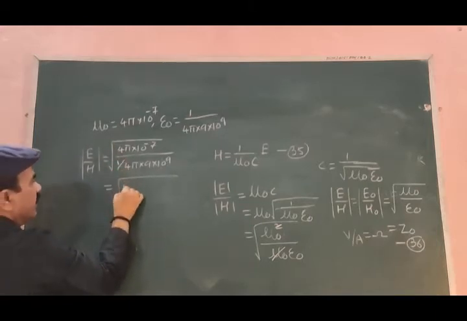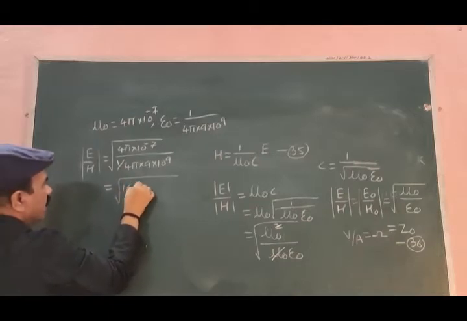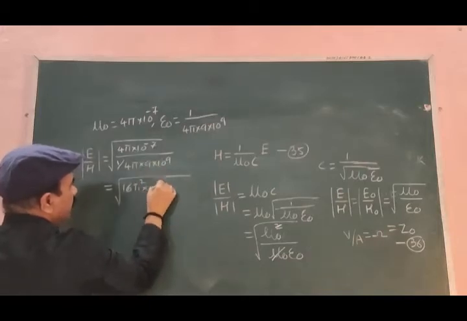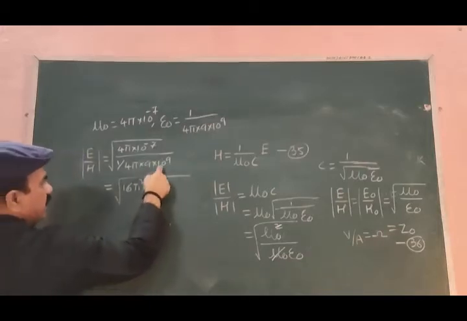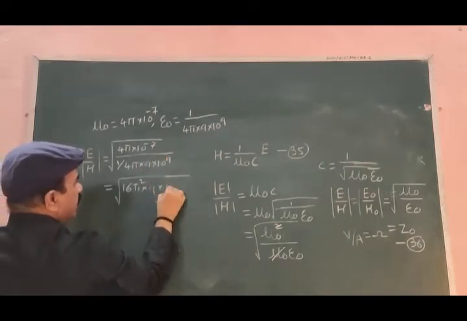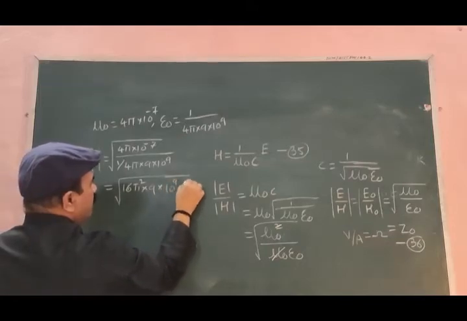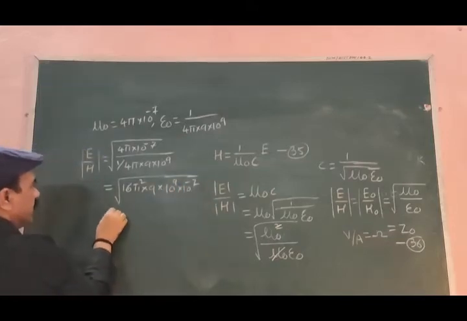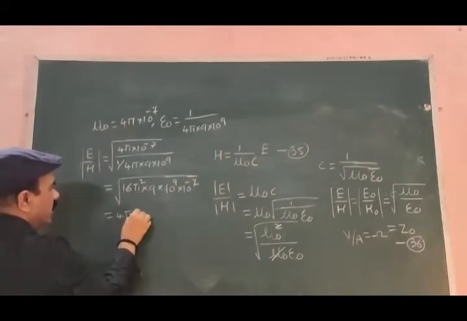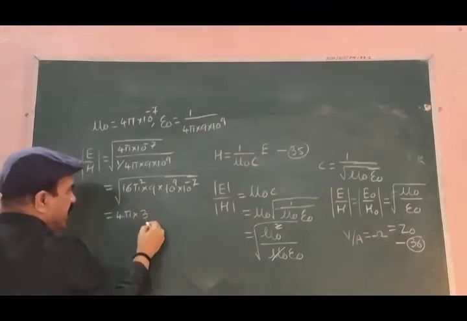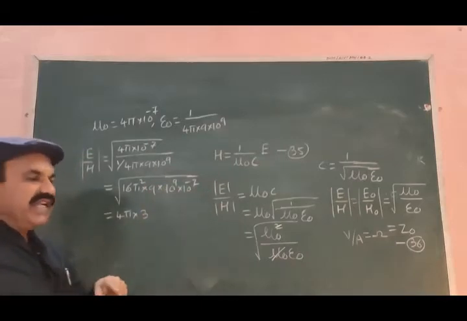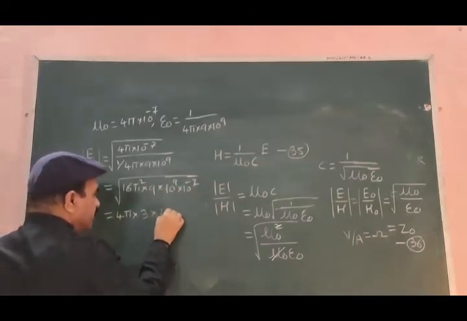4 pi, 16 pi squared into 9 into 10 to the power 9. This 10 to the power 9 will come here as it is, into 10 to the power minus 7. Square root of 16 pi squared is 4 pi, square root of 9 is 3, and 10 to the power 9 into 10 to the power minus 7 is 10 to the power 2, that is 100, and square root of 100 is 10.